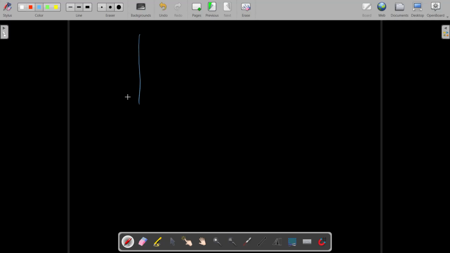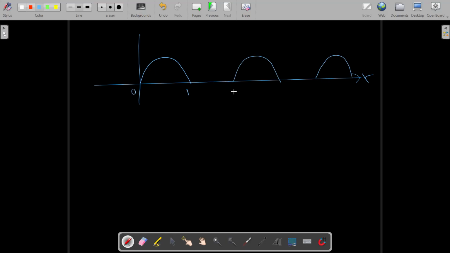The summary here is: this is the given signal x of t. This is 0, this is 1, this is 2, 3, 4 and so on. This is my Vm, x of t. This signal is the output of a rectifier.